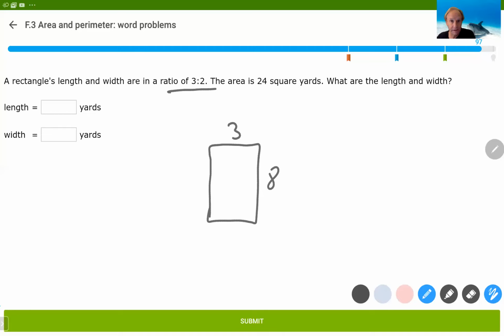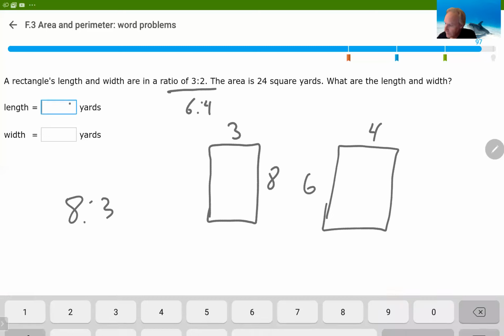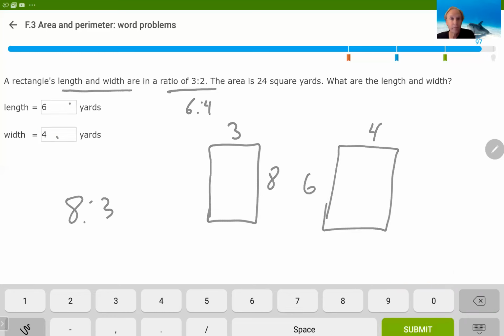You can see that that's not going to reduce. 8 to 3 doesn't reduce, but 6 to 4 does. 6 to 4 does reduce to 3 to 2. And it is length and width. And it does have an area of 24.